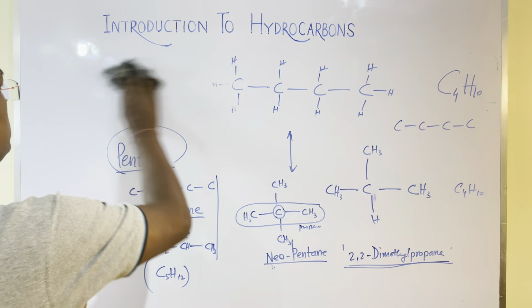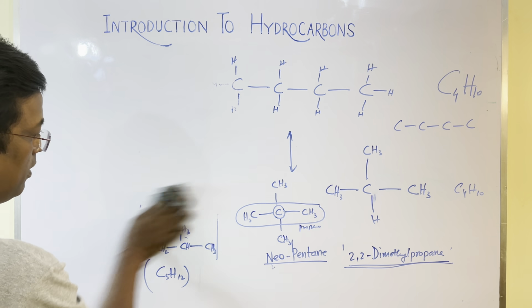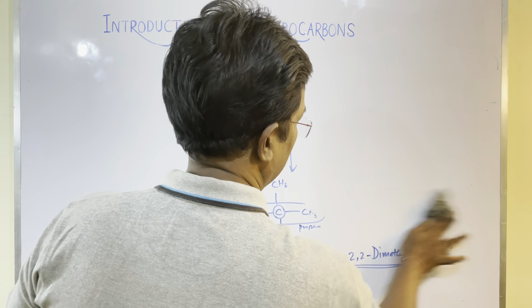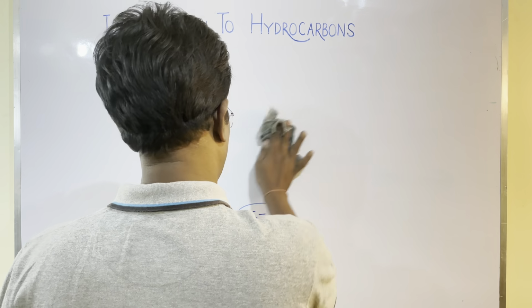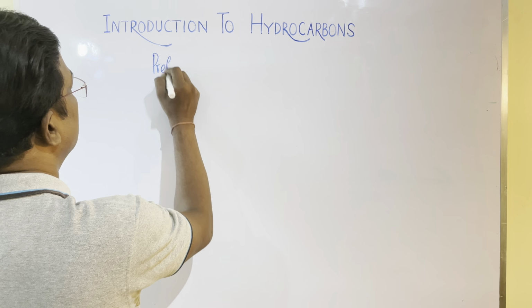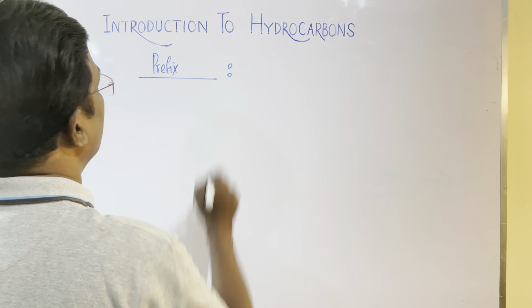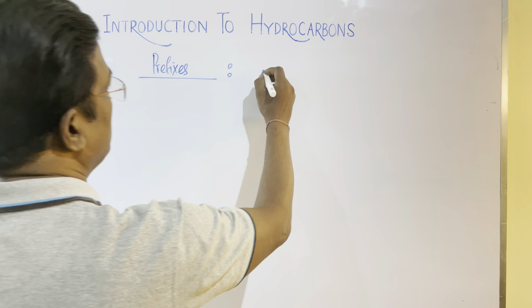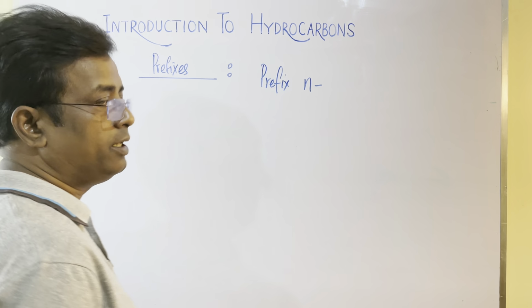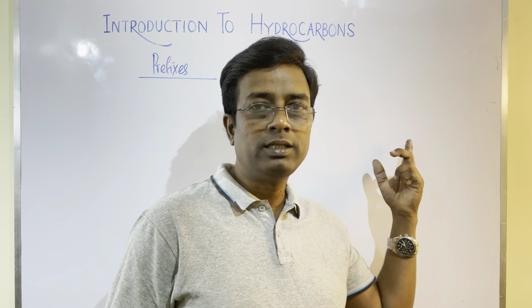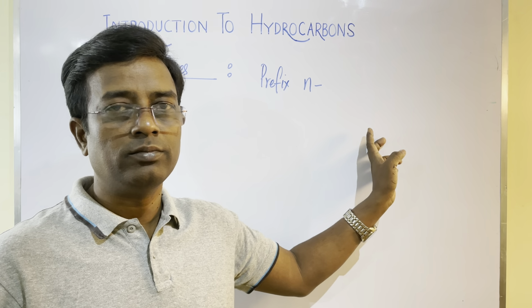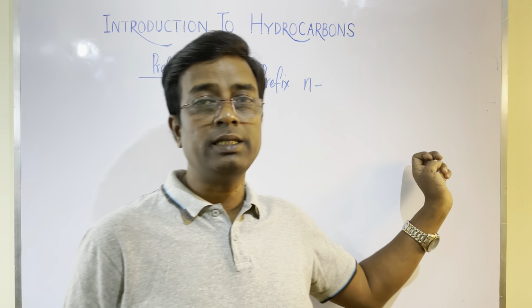So you are now very clear on the role of prefixes here. Let me sum up quickly. There are 3 types of prefixes. Prefix n is used for those alkanes in which all the carbons are present in a straight chain, with no methyl group branches.